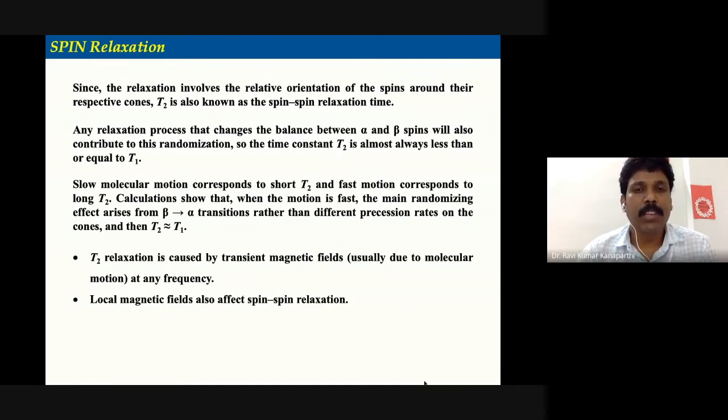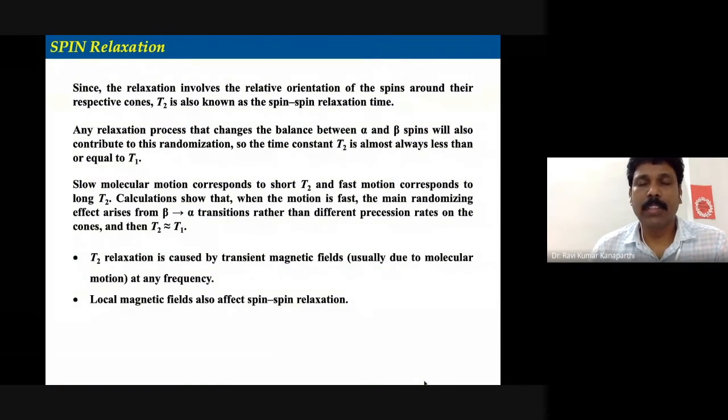After the application of the radio frequency pulse, this scenario changes. The alpha spins, which originally were more, get inverted, and after the pulse you have more beta spins and fewer alpha spins. Moreover, the individual spins are bunched together just after the pulse application, and they rotate in the XY plane.